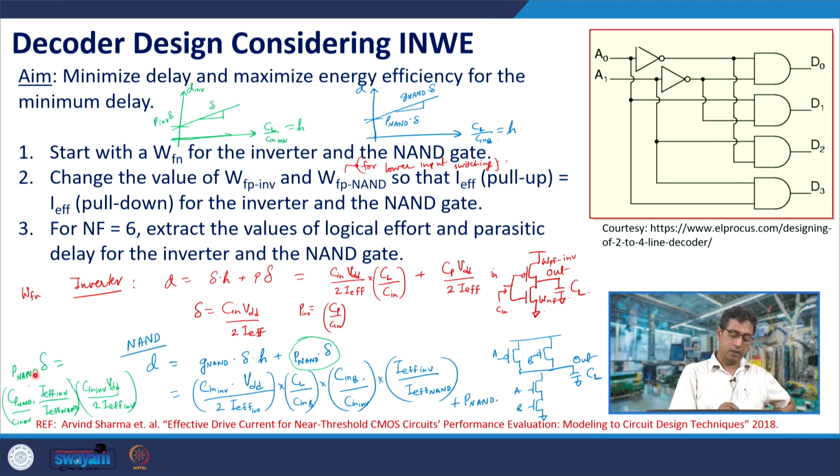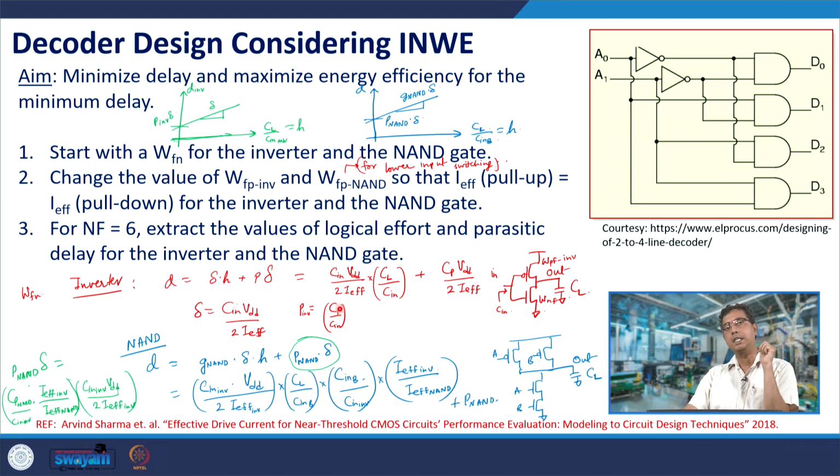So, for these finger widths, we extract the logical effort and parasitic delay, and for other values of finger width, we use these relationships: the parasitic delay relationship, the logical effort relationship and the delta versus I effective relationship, and the parasitic delay of the inverter.